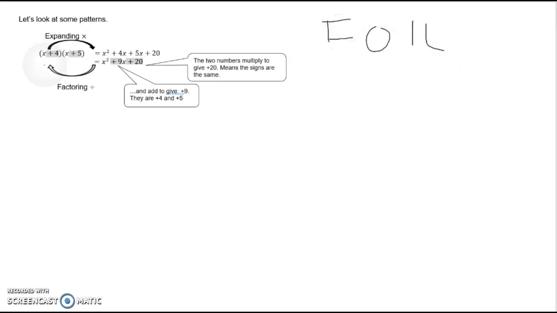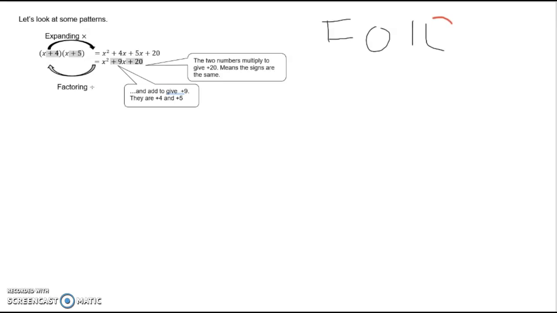In here, x times x gave me x squared. Then we looked at the outside terms. X times positive 5 gives us 5x. Then we have our inside terms. 4 times x gives us 4x. These two were switched around, but it'll give you the same answer.